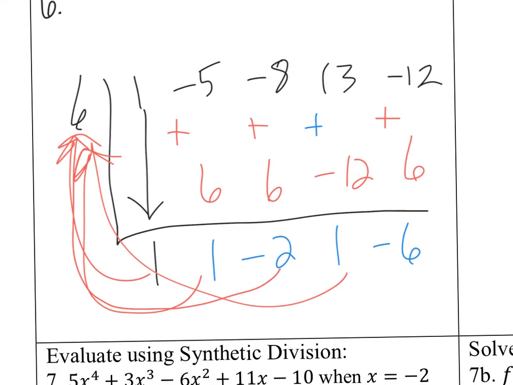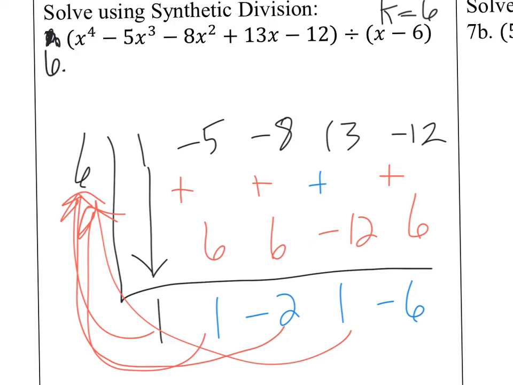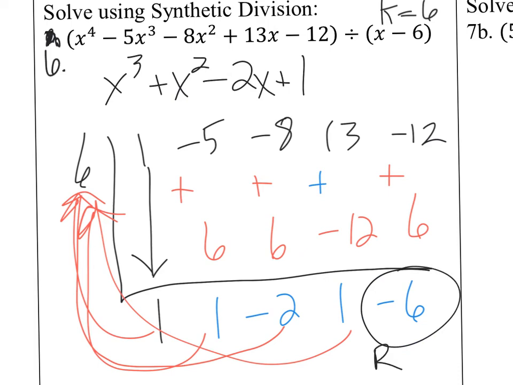And so what you do is your answer goes down by a power of 1. So I started with x to the fourth, so my answer will start with x to the third. So I have x to the third, and then it says 1, 1, negative 2. So 1x to the third plus 1x squared minus 2x, and then plus 1. And then that last number is your remainder.